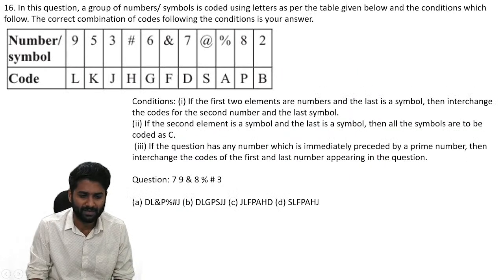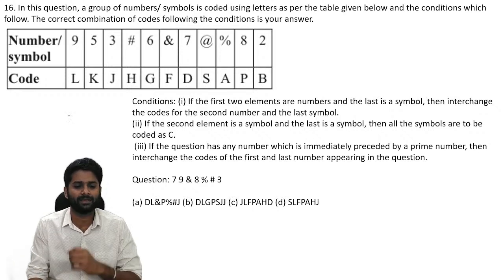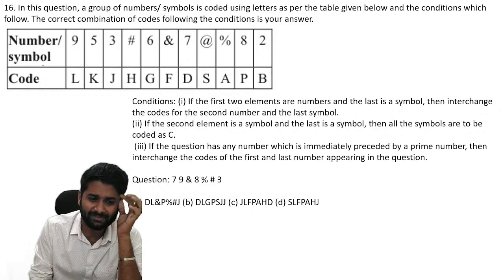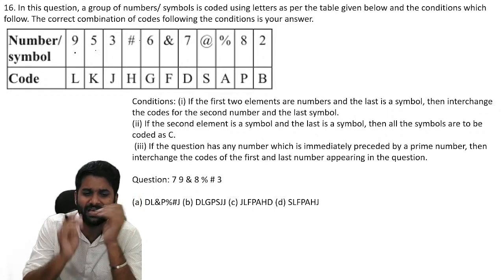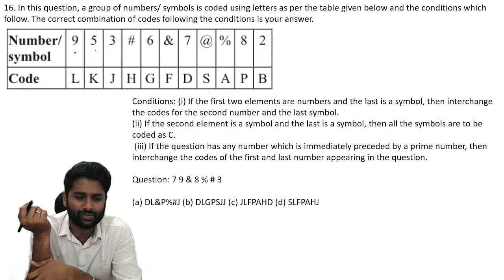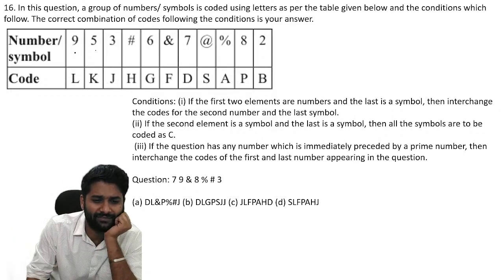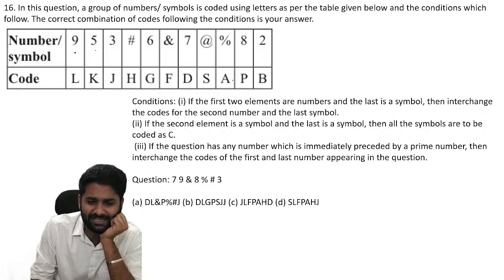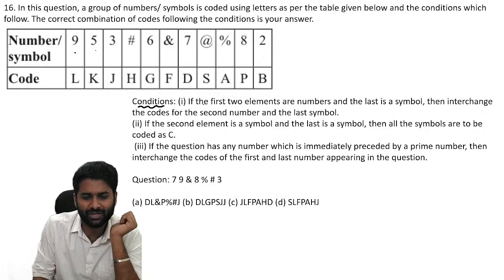Next. Understand this question from the coding and decoding concept. There are some numbers and symbols given: 9, 5, 3, hash, 6 and 7, at the rate, percentage, 8, 2. 9 represents L, 5 K, 3 J, hash H, 6 G and F, 7 D, at the rate S, percentage A, 8 P, 2 B. And we have some conditions, you should understand that.